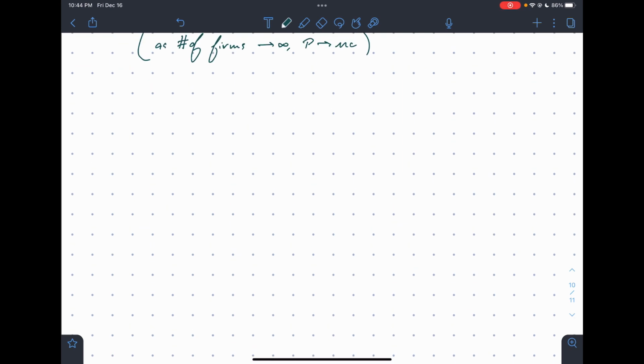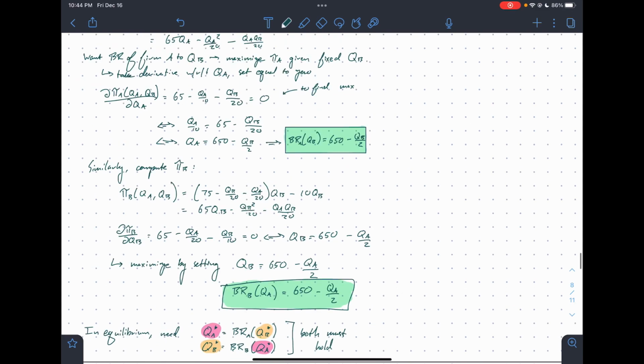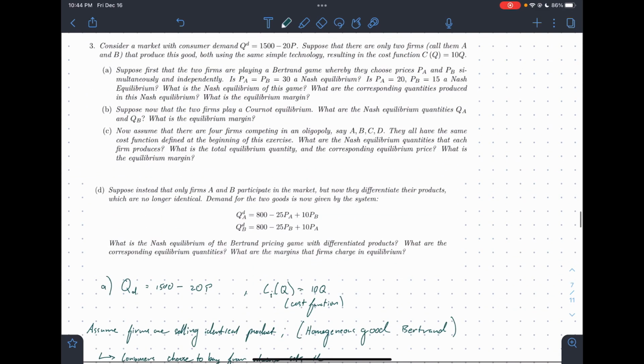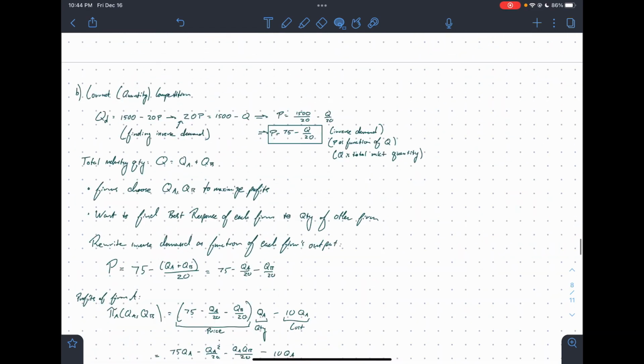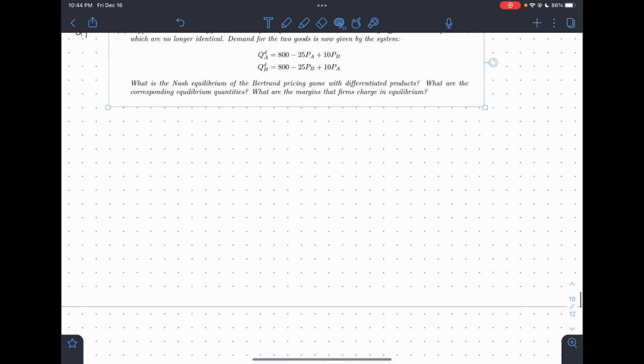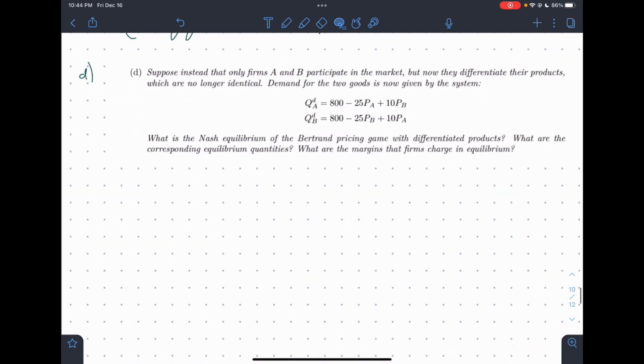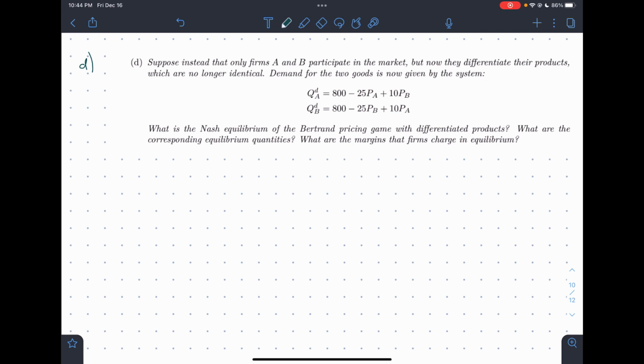Okay, so now for the last problem, the last review problem, we're going to have two separate demand functions, one for each firm.